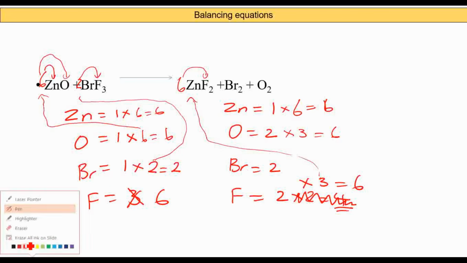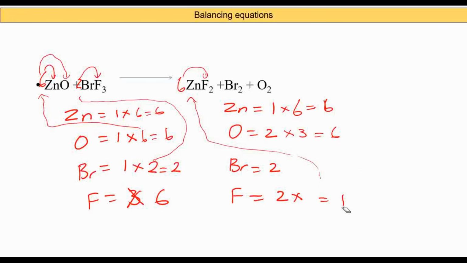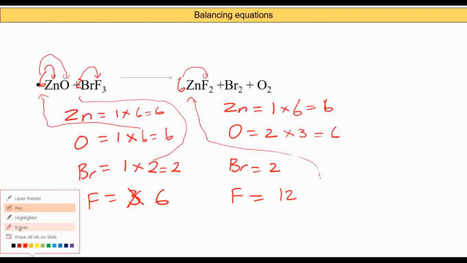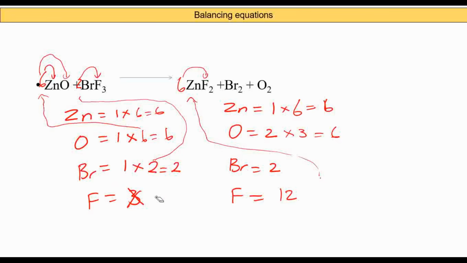So let me erase that one here. My fluorine is now 12. So what can I do to make that fluorine 12? That's going to have to be 4. So we have to go back and change all of that.